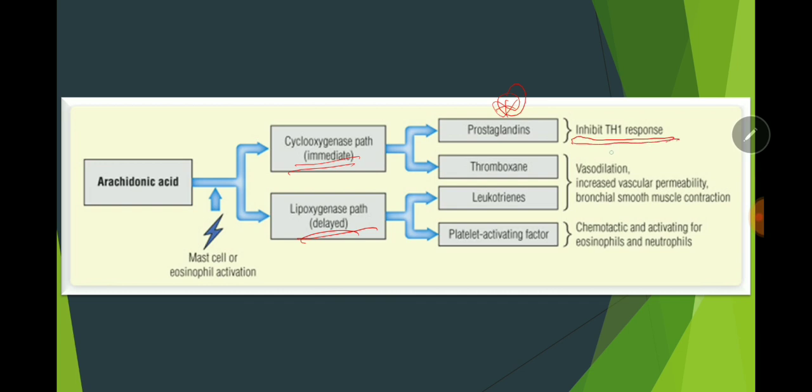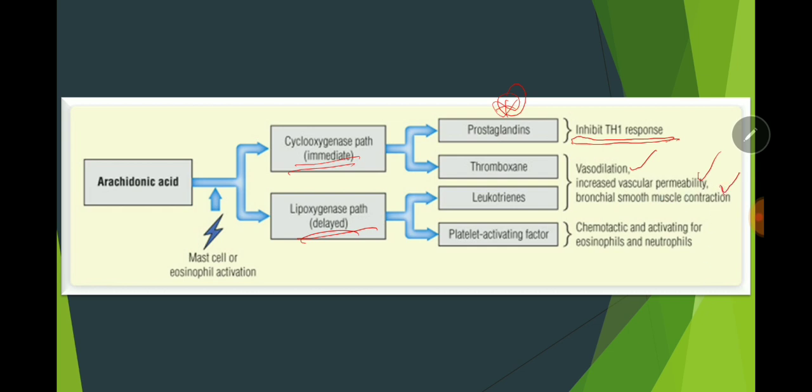These prostaglandins inhibit the Th1 response, and the thromboxane usually causes vasodilation. If you cause vasodilation, you're going to increase blood flow to the area. It also increases vascular permeability and causes bronchial smooth muscle contraction.